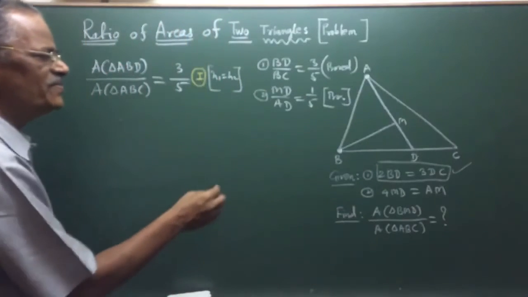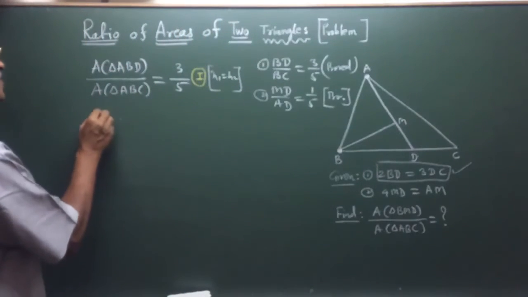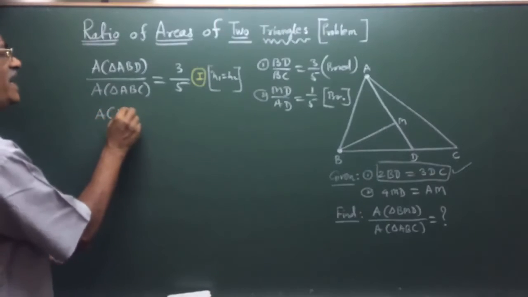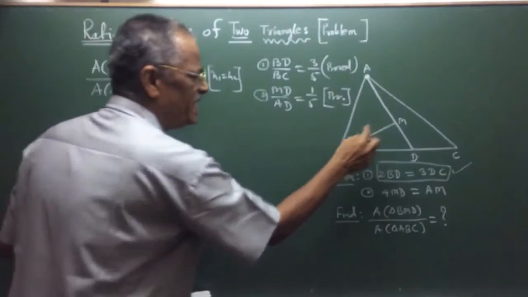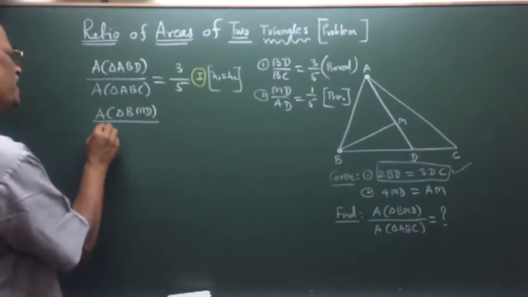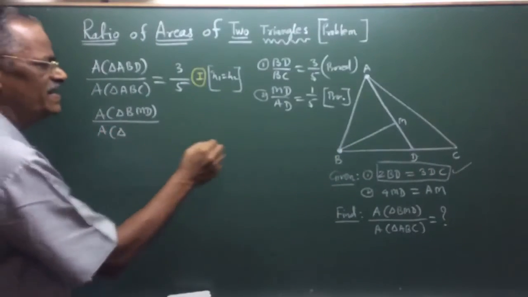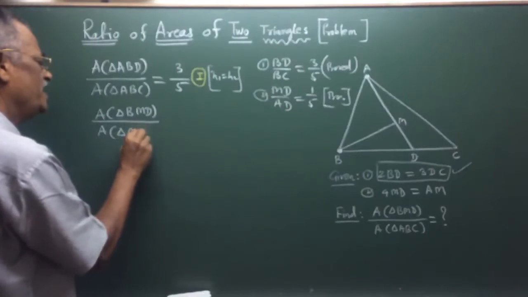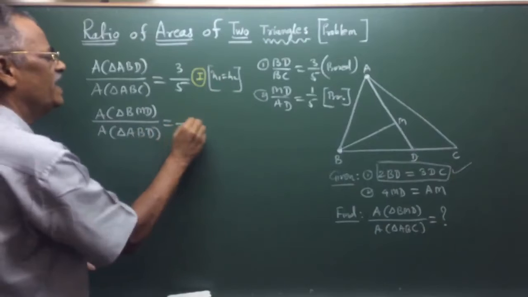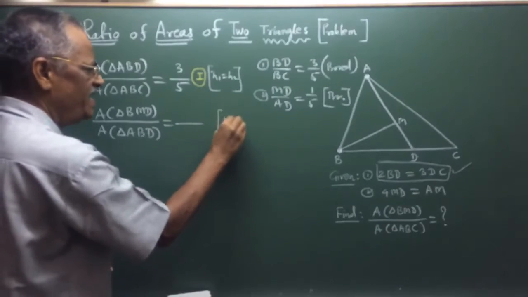So we can find the ratio of areas of two triangles: area of triangle BMD divided by area of triangle ABD. Again, you can see that the heights are equal.